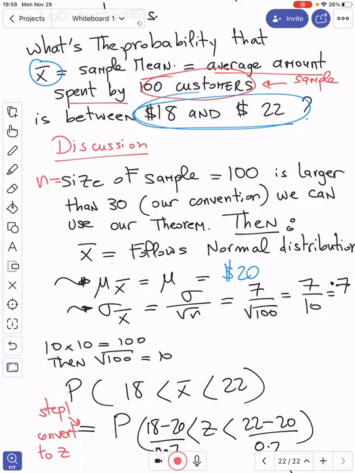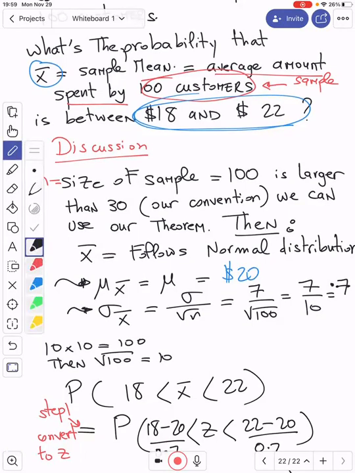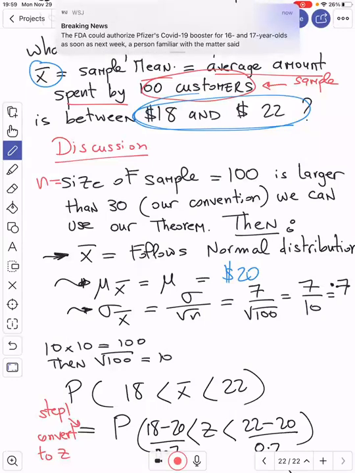So again, the idea of this section is to compute the probability of x bar, the sample mean. What we are saying here is that in general, if you have a variable x, then the sample mean x bar follows a normal distribution. Even if your x is not a normal distribution, the x bar is going to follow a normal distribution as the size of the sample gets large.